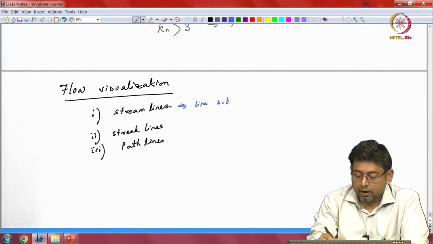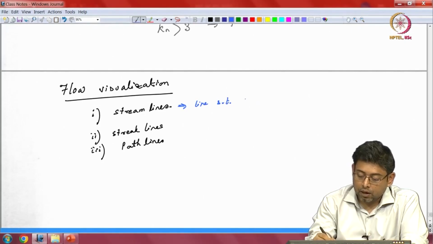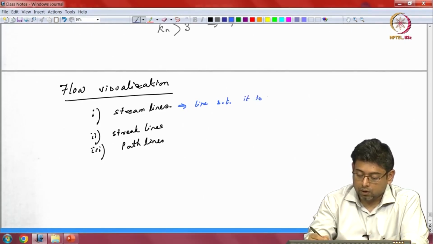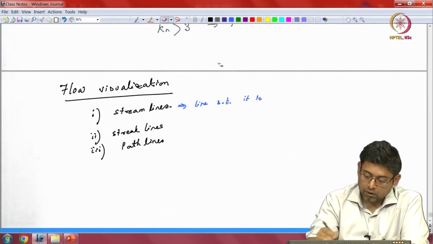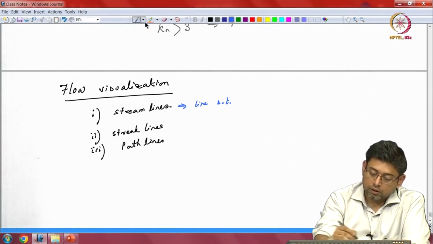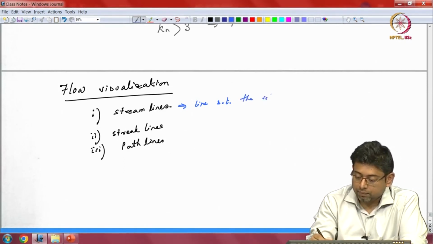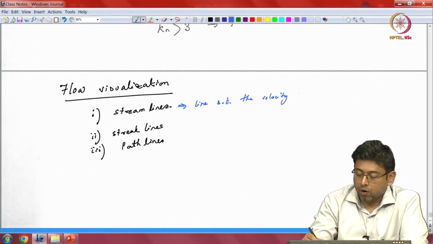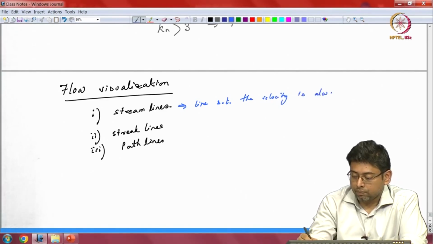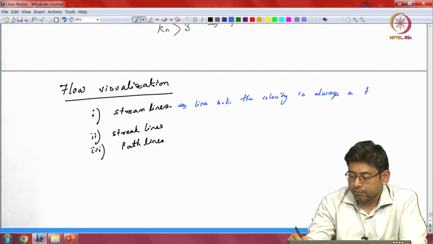such that I will write such that the velocity is always a tangent to it.